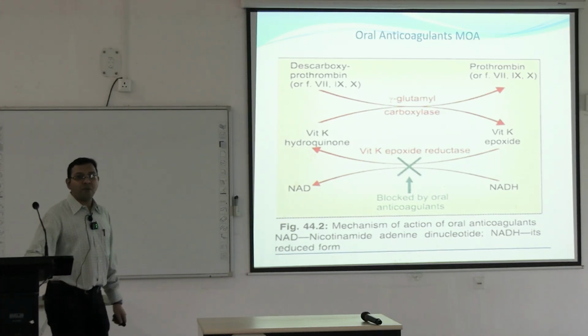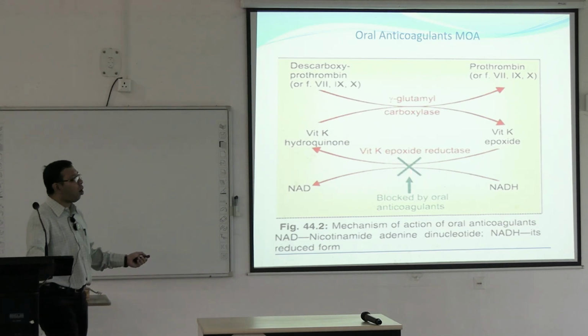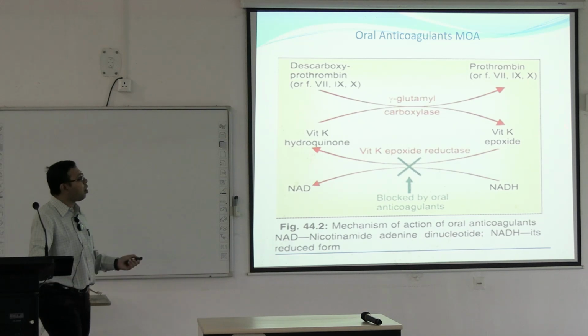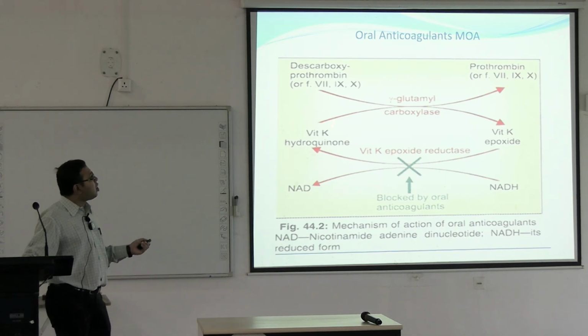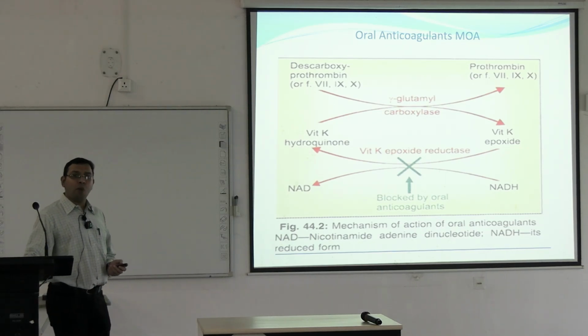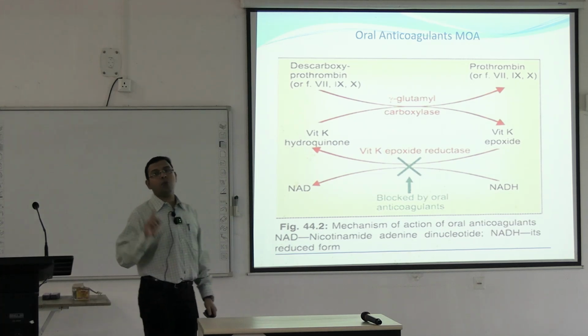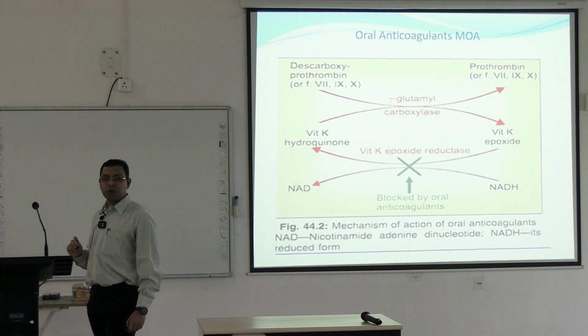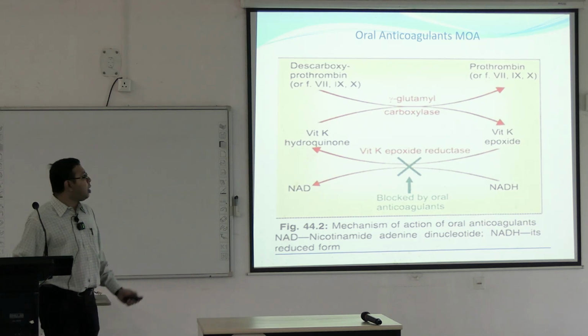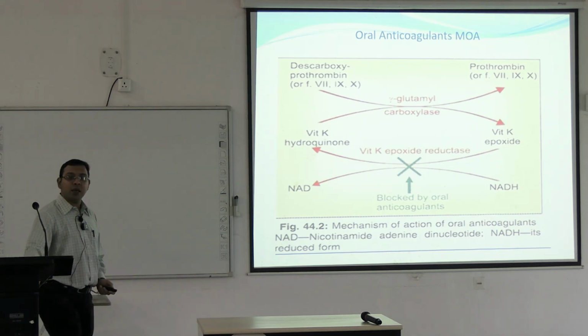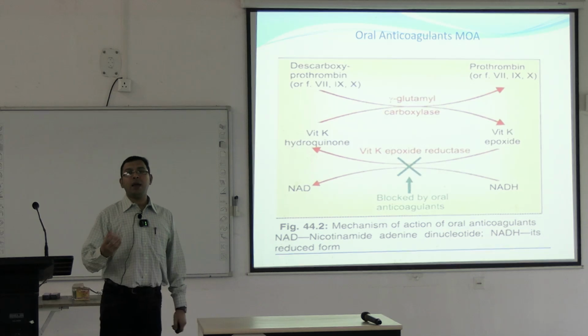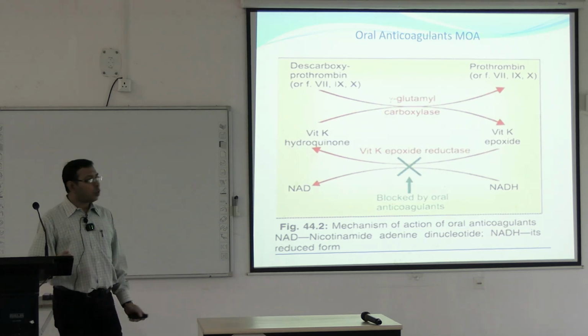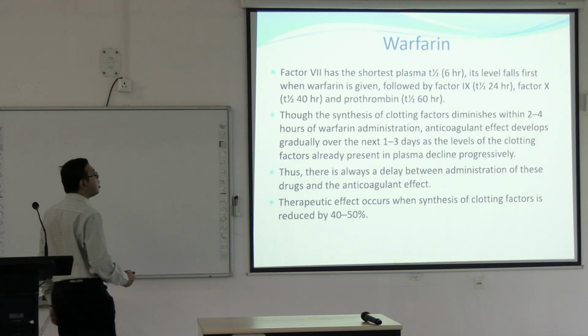Now when we are using the warfarin or other oral anticoagulants, they basically block the vitamin K epoxide reductase enzyme that is needed for the conversion of vitamin K epoxide to vitamin K hydroquinone as well as NADH to NAD, and that is needed for the generation of the inactive coagulation moieties 2, 7, 9, 10 to active coagulation moieties 2, 7, 9, 10. So it is clear. So warfarin is basically blocking the vitamin K epoxide reductase, and by this it acts like a vitamin K antagonist. So it is clear how it acts.